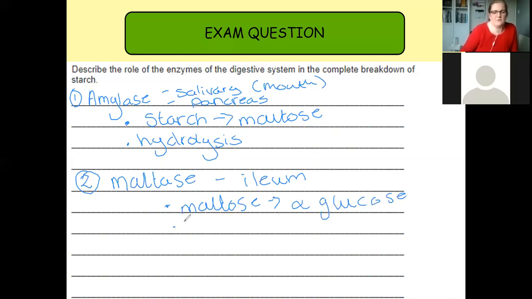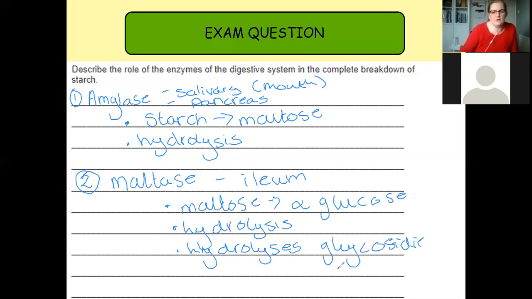How does it do that? It does this by hydrolysis, and what it actually does is hydrolyze glycosidic bonds, and actually the top one does the same as well. So glycosidic bonds are hydrolyzed, they're broken. You can have that for both.